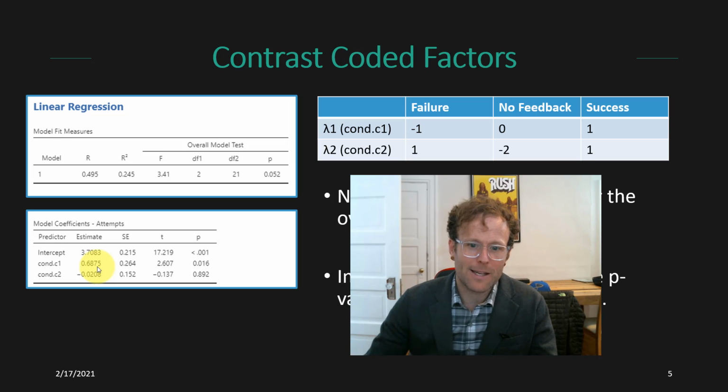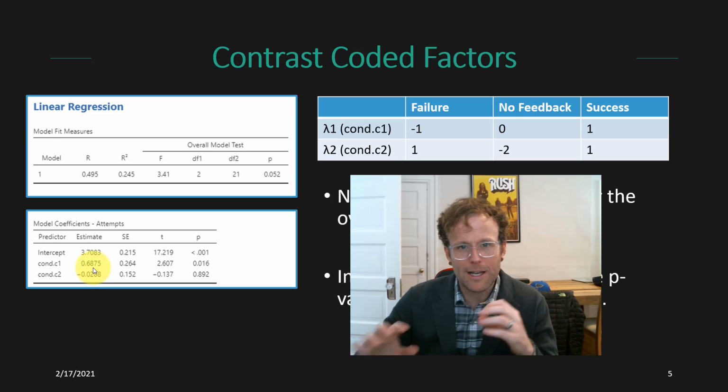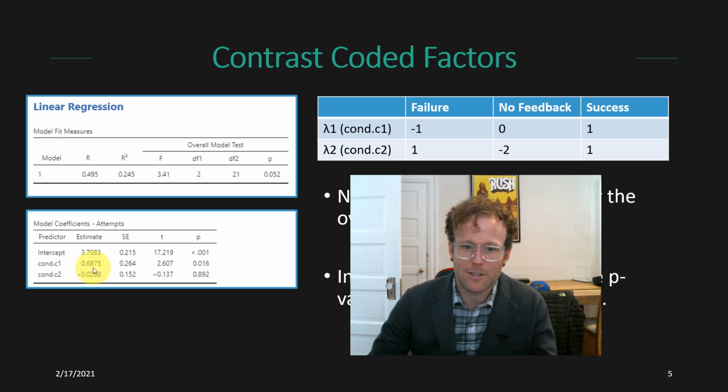But this slope then is half of the distance between the failure and the success group, right? So the success group on average did about 1.4 more attempts than the failure group, because it's 0.687 times 2, right, in order to get the actual difference between those two conditions.